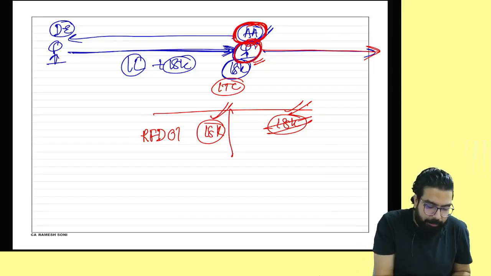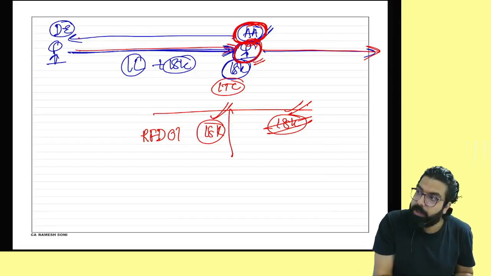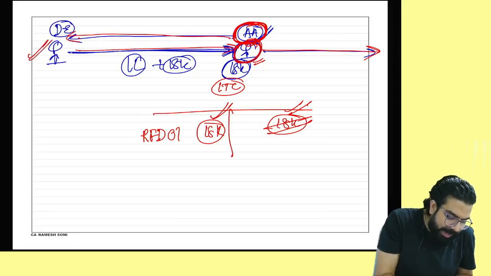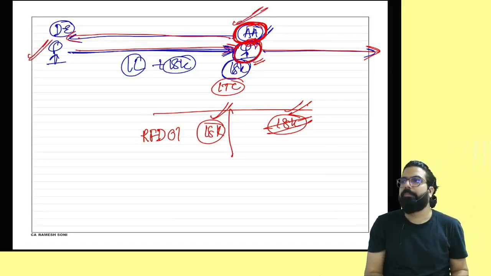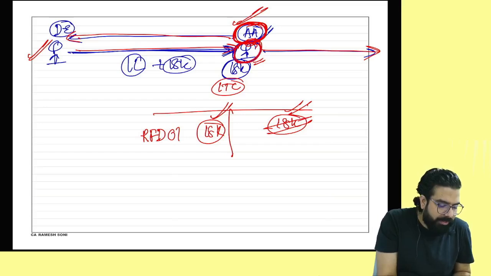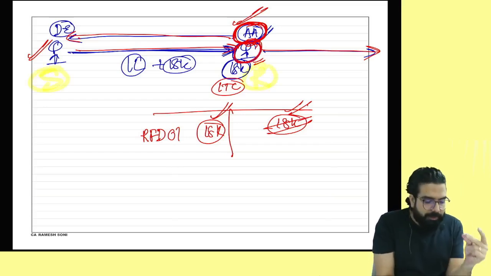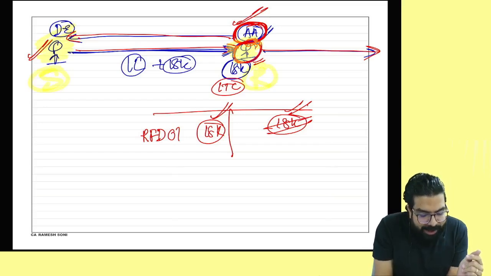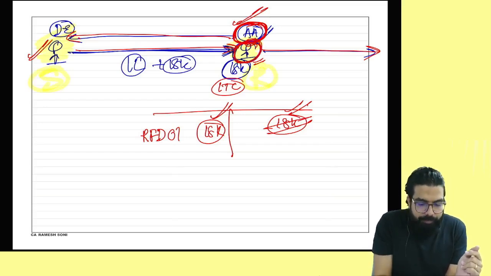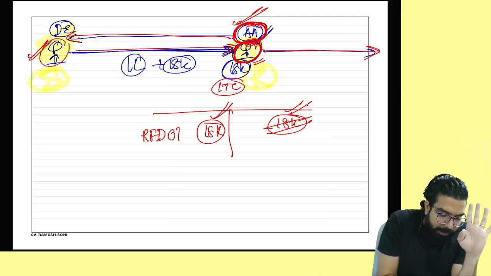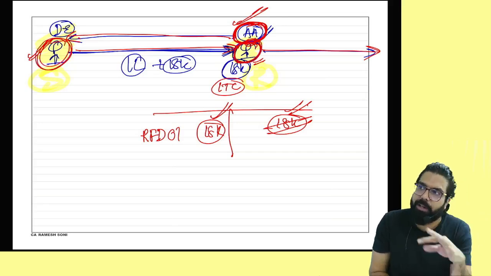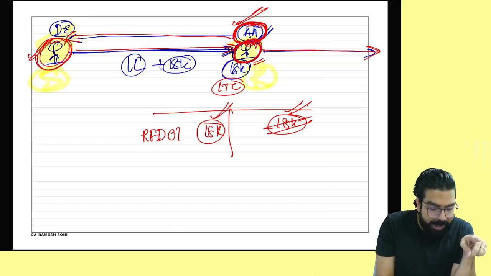I went ahead and supplied to this person and I charged him GST. Will I claim a refund or he will claim a refund? Tell me. Will the supplier claim a refund or recipient claim a refund now? If supplier paid the GST from his pocket, he will claim a refund. But if supplier charged the GST, the recipient will claim a refund.